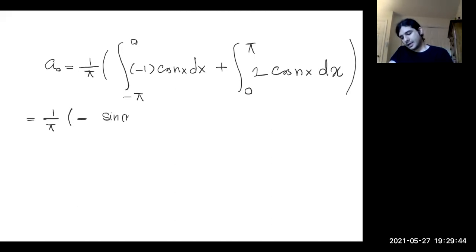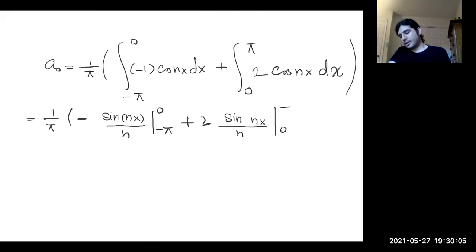Integral of cosine nx is sine nx over n. And then we have from minus pi to 0. Again, 2 comes out of the integral. Integral of cosine nx again is sine of nx over n from 0 to pi this time.